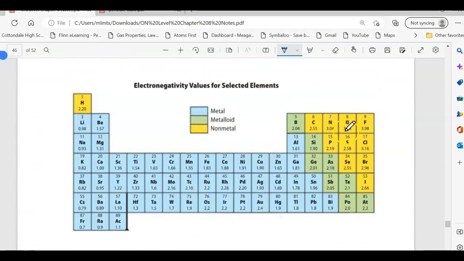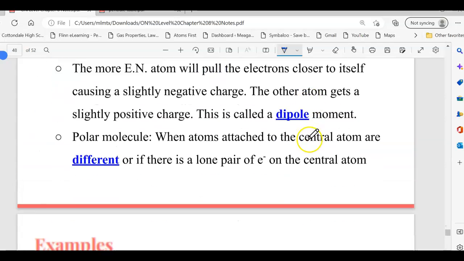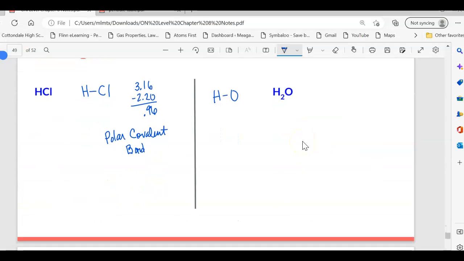I'm going to look at O, and it's 3.44. So we're going to subtract those two numbers: 3.44 minus 2.20. And we're going to get 1.24. This is still in the range of polar covalent. So this is polar covalent.